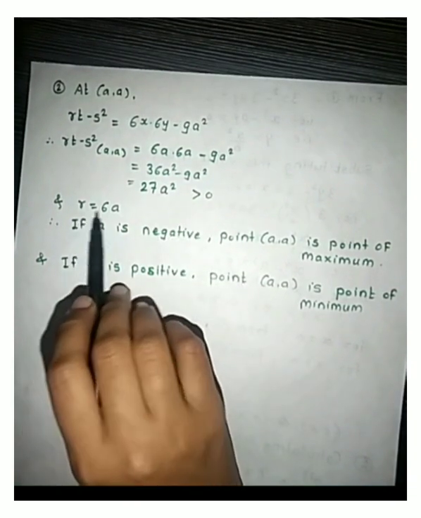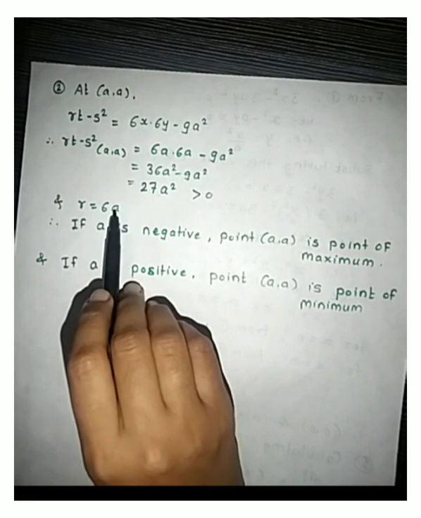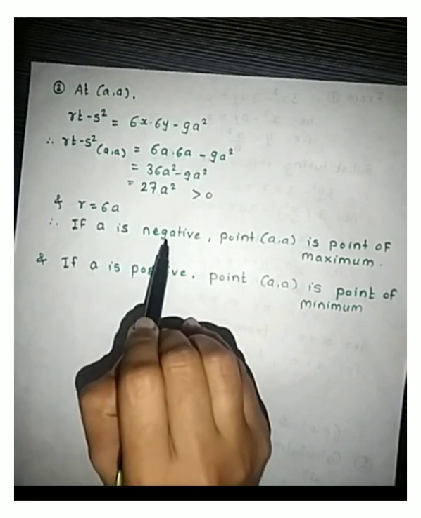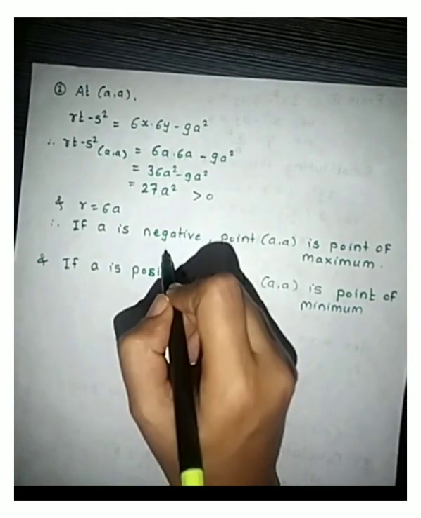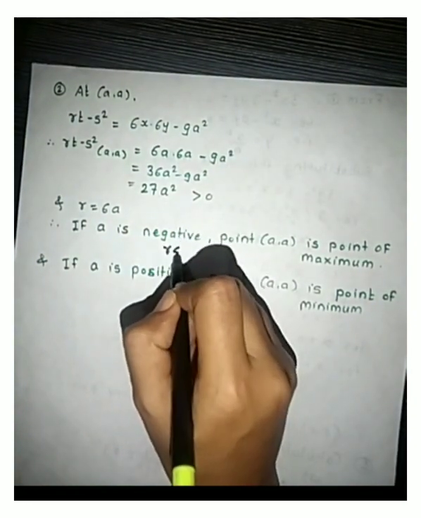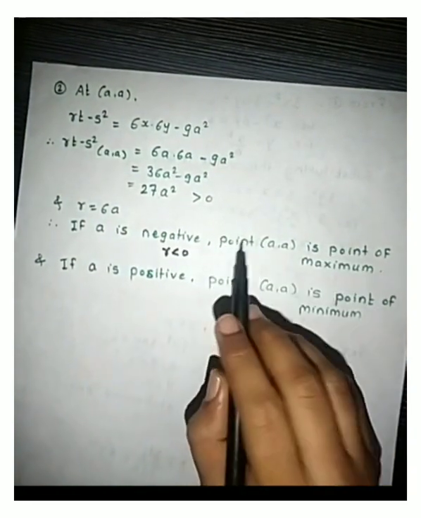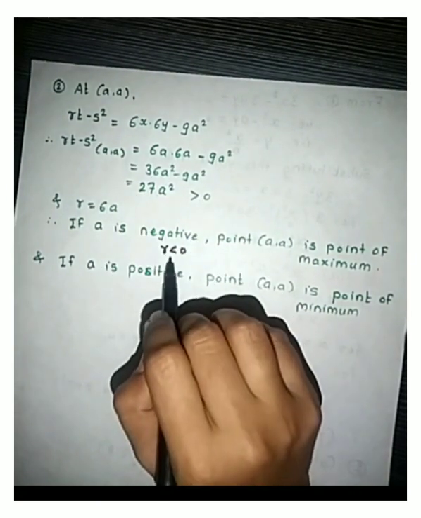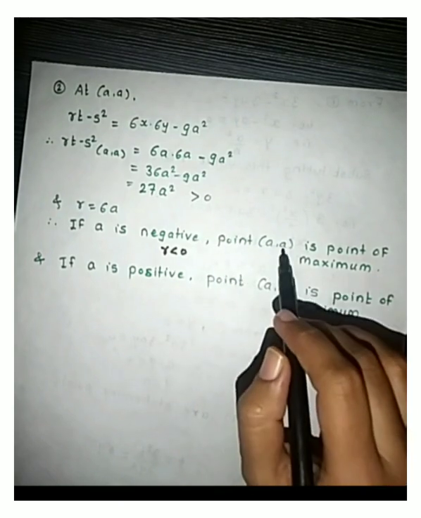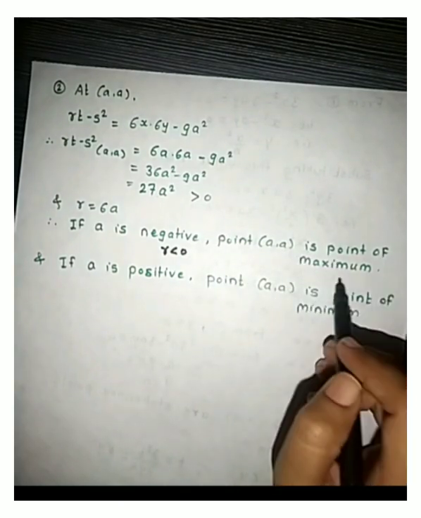And r is 6a. Now, if a is negative, then the value of r is less than 0. It means rt minus s square is greater than 0 and r is less than 0. So (a, a) will become a point of maximum.